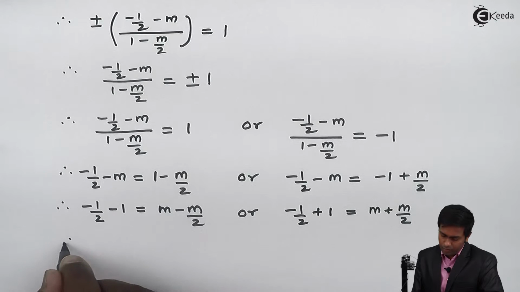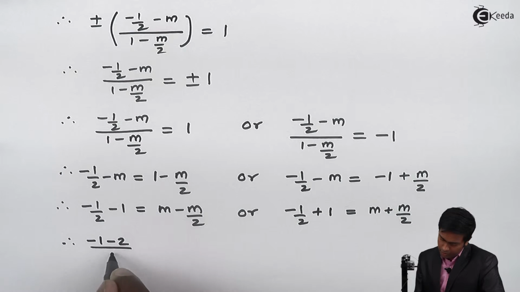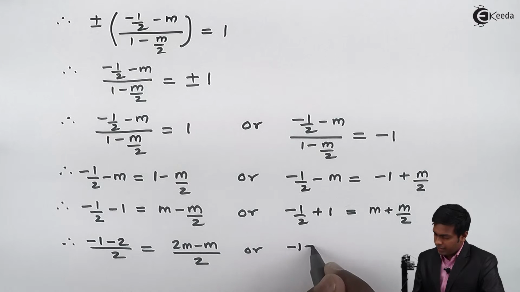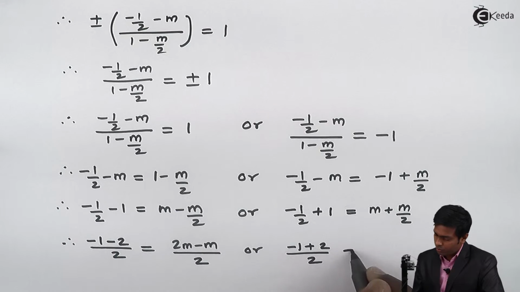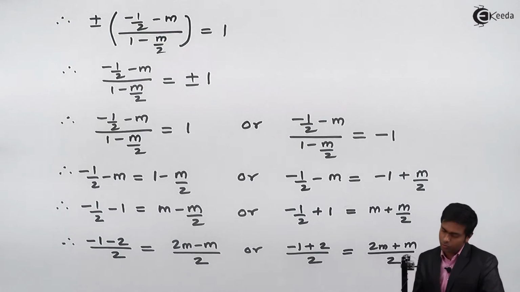So therefore minus half minus 1 is nothing but minus 1 minus 2 by 2 equal to 2m minus m upon 2, or minus 1 plus 2 upon 2 is equal to 2m plus m by 2.